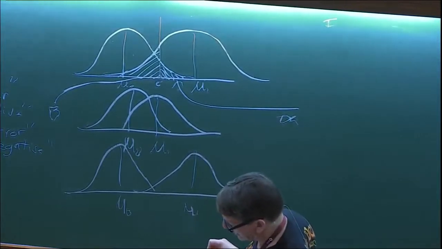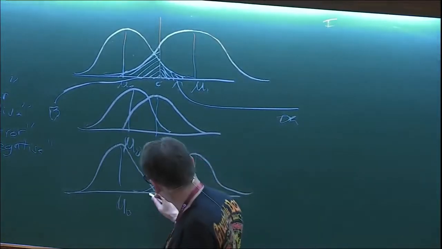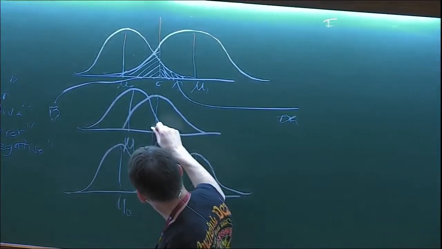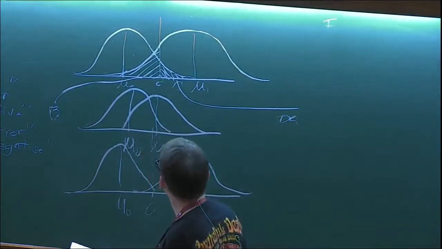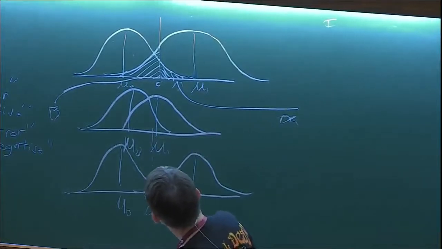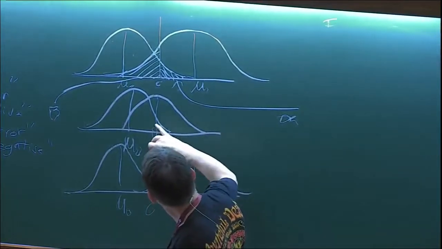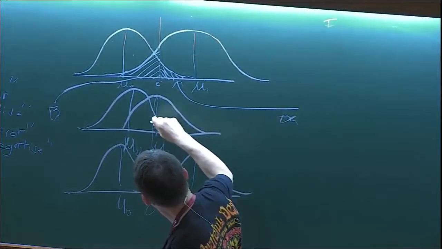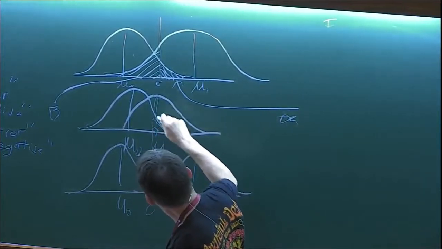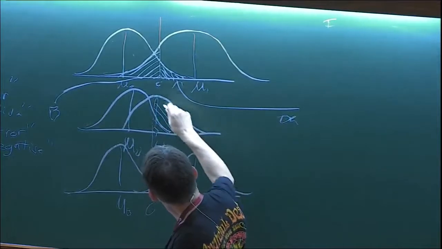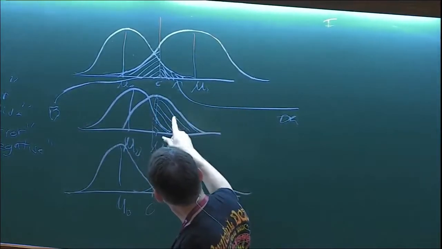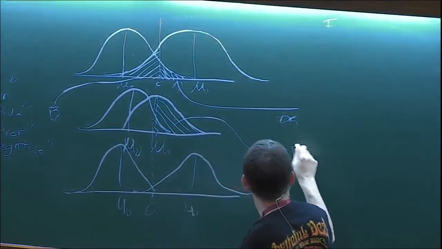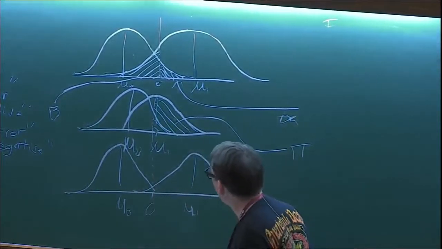Now let's see, where am I going to put C here? I'm going to put C here. Basically, if this is C, then where the means are reasonably close, this shaded region is the power pi.